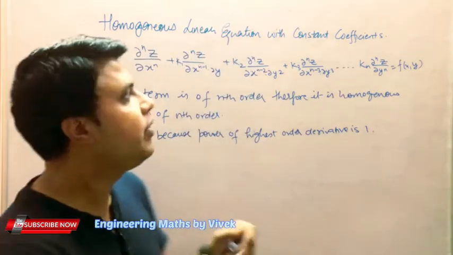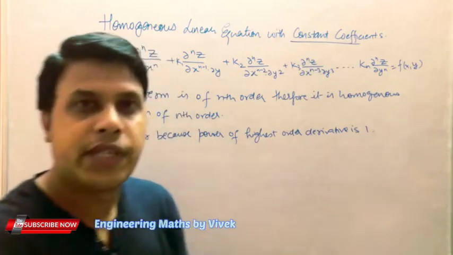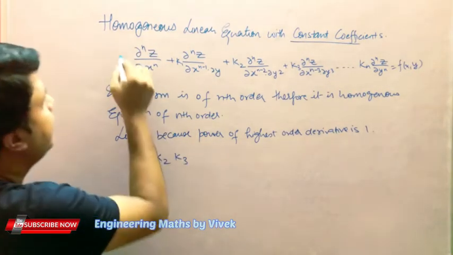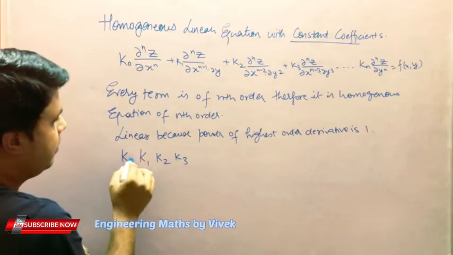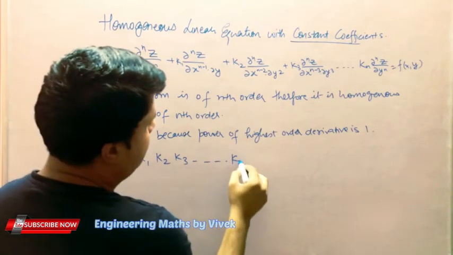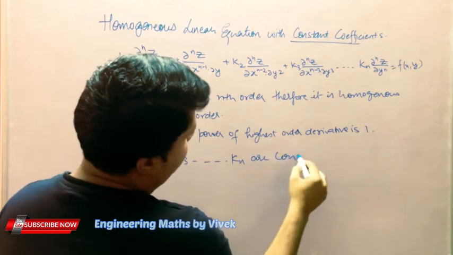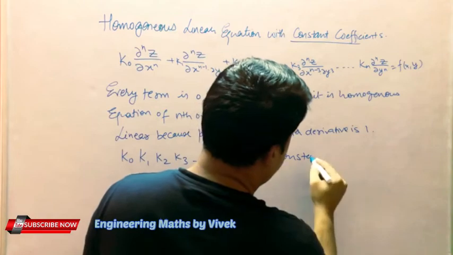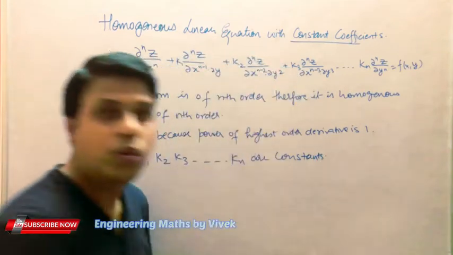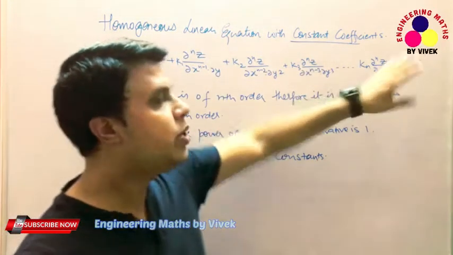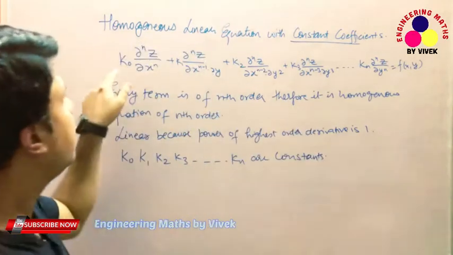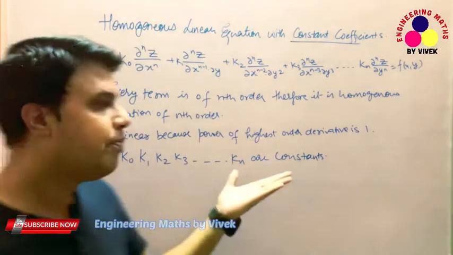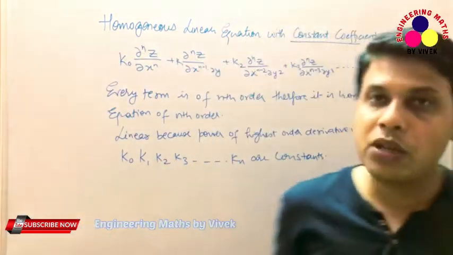And there is another term which is written with constant coefficients. The coefficients of the homogeneous equation which are written here, k0, k1, k2, k3 and up to kn, are called simple coefficients or constant coefficients.